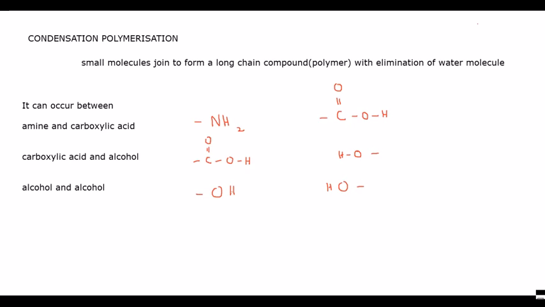And to form a polymer, you should have many molecules of monomer. So for example, we have many molecules of, the first one is the formation of nylon.